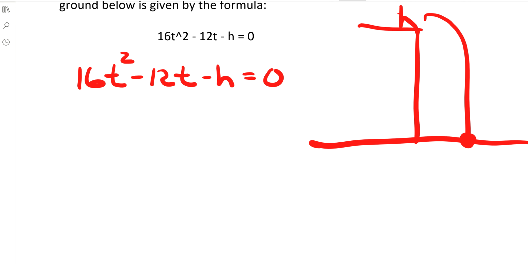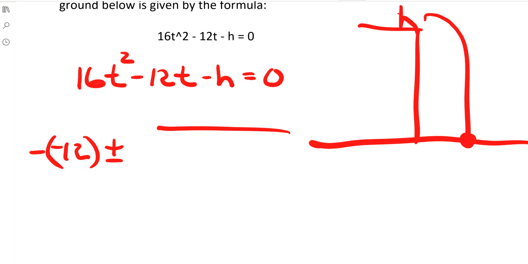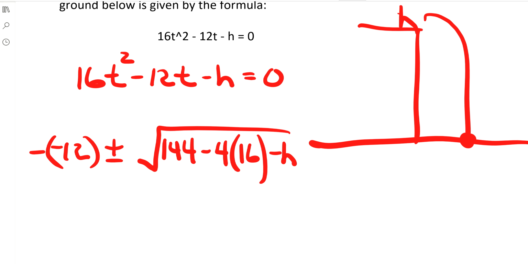All right, so let's see. If we use the quadratic formula, I know it's going to be negative 12, that's negative b, plus or minus the square root of b squared, which is 144, minus 4 times a, which is 16, times c, and c is negative h.